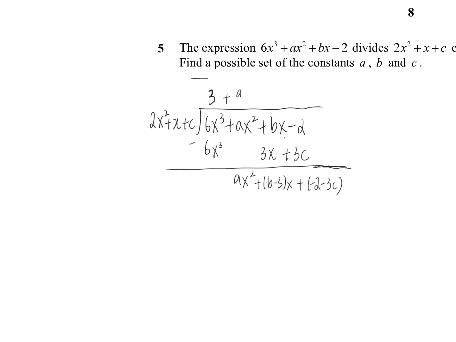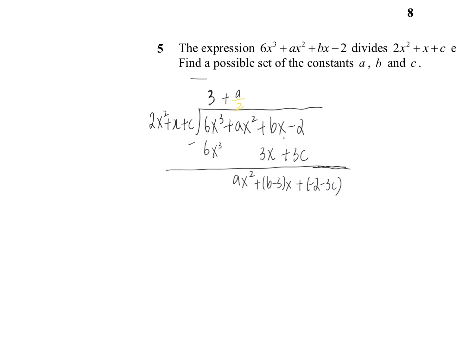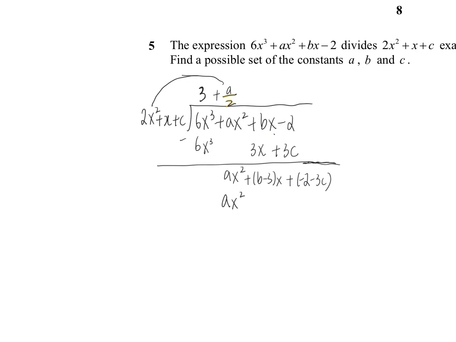So A over 2. If you multiply by 2, then it will be A, right? So AX square. If you do it this way, it will be more complex. So A over 2x, and then this one is AC over 2.